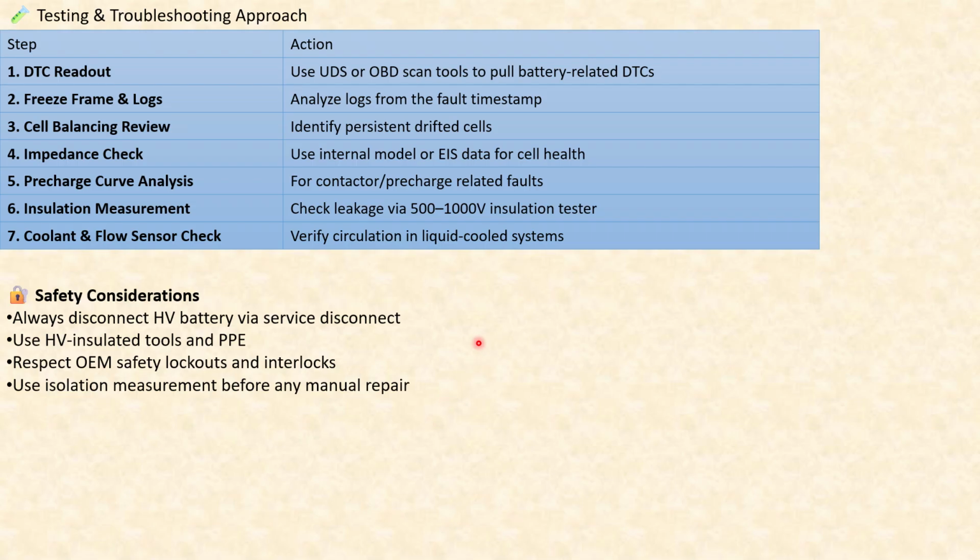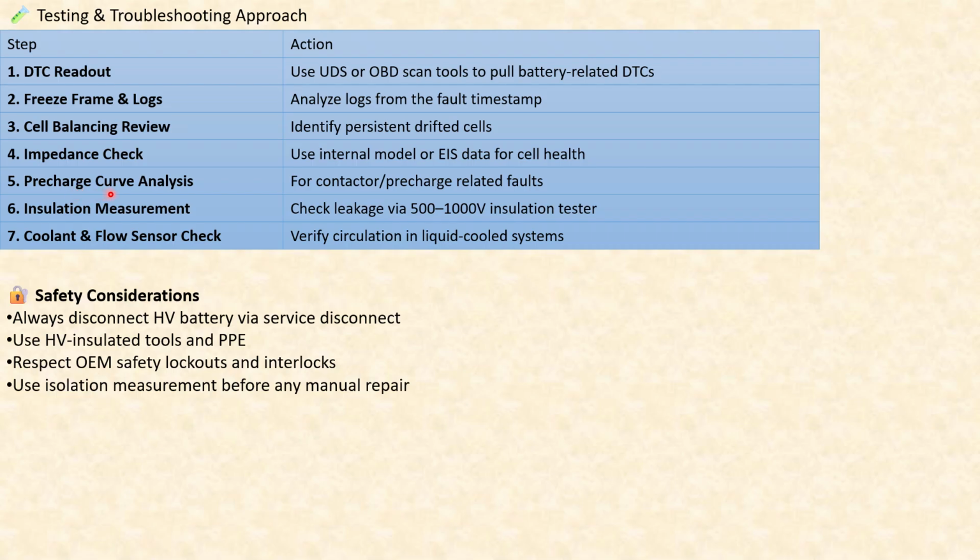So talking about the testing and troubleshooting approach. First is DTC readout. Use UDS or OBD scan tools to pull battery-related DTCs, freeze frame, and logs. Analyze logs from the fault timestamp. Now, cell balancing review: when there is a cell balancing problem, identify persistent drifted cells. Talking about the impedance check, the troubleshooting action is to use the internal model or EIS data for cell health.